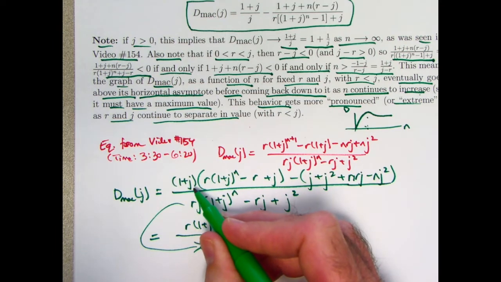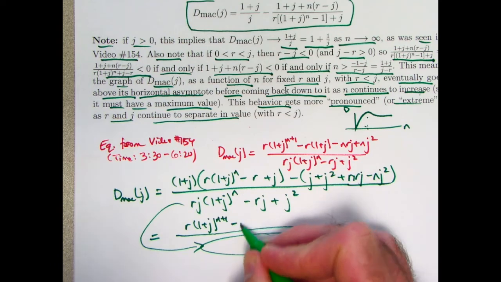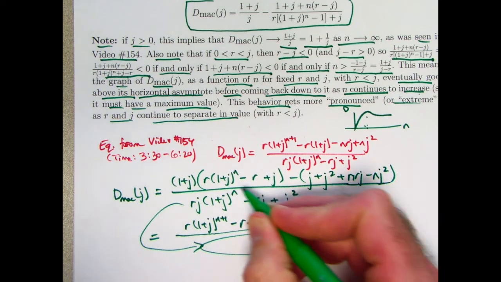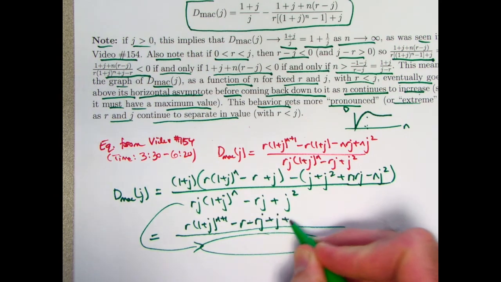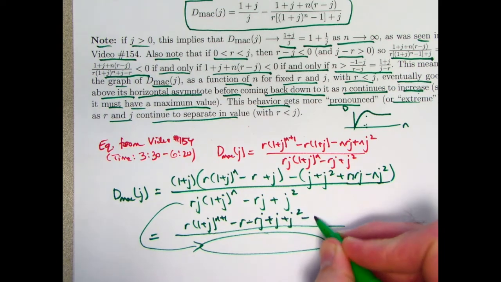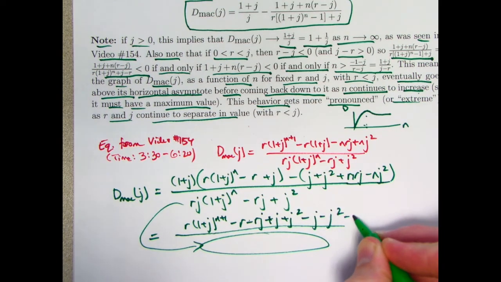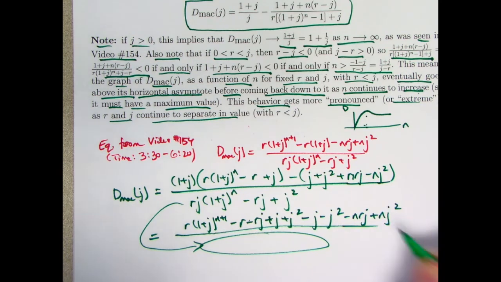Then I'd have minus r times 1 plus j will be minus rj, and then I have j times 1 plus j is going to be plus j squared. Distribute the minus sign through, minus j squared minus nrj plus nj squared.